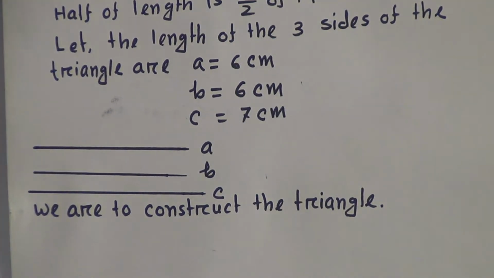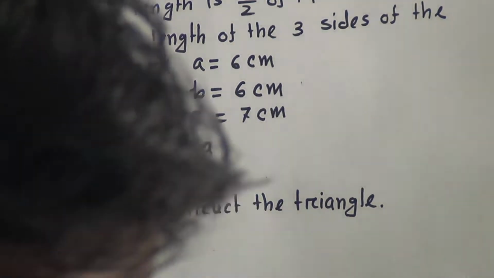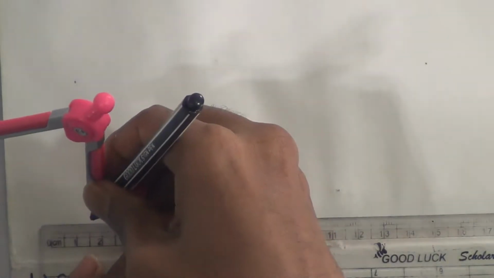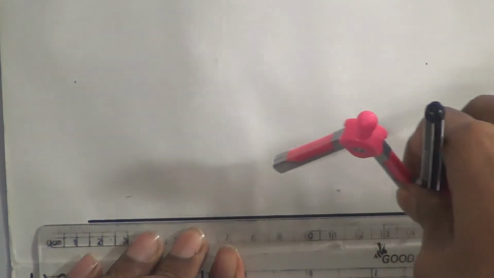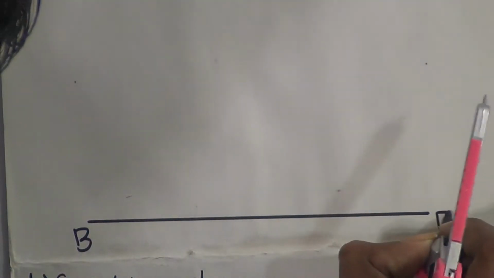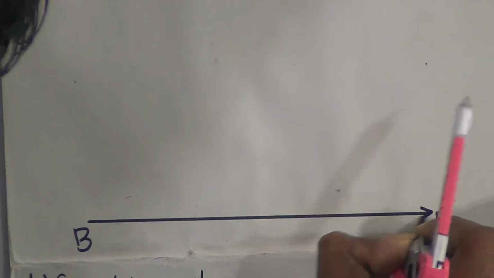Now we are to construct the triangle. Okay, dear student, only we have to draw the triangle. Okay, at first you take any ray. Suppose BE, you take any ray.